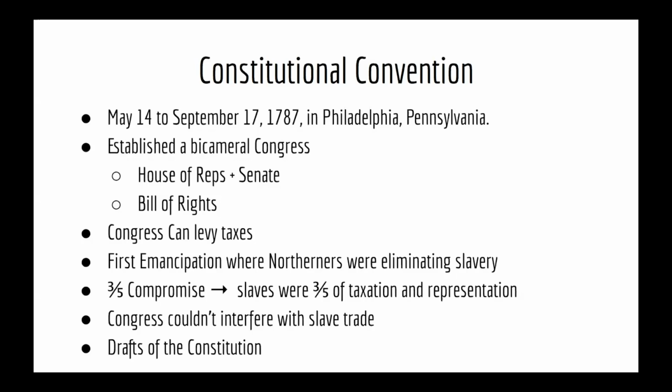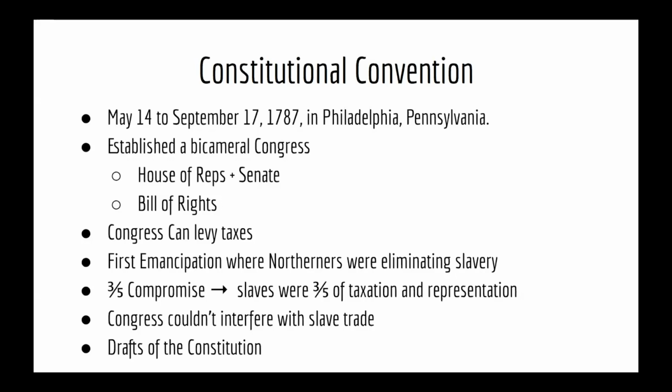So the Constitutional Convention established a bicameral Congress, which meant that we had the House of Representatives plus the Senate, which we still have today. They also drafted a Bill of Rights, which you still have today, which lists the individual rights that Americans have.